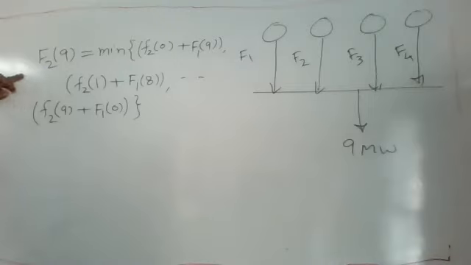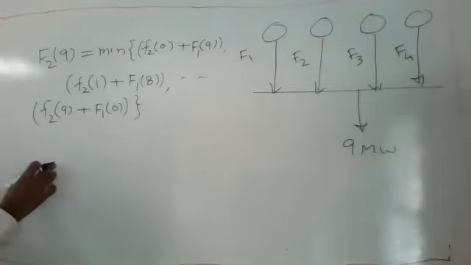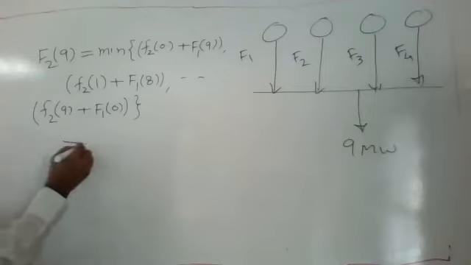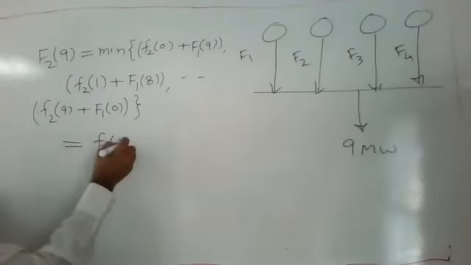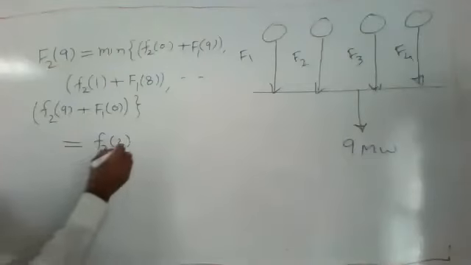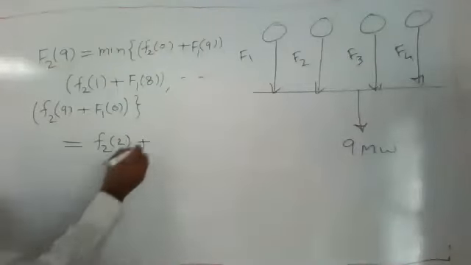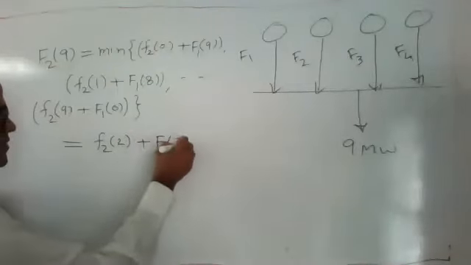Similarly for case number 2, using this F2 9, you are getting some minimum number. So which one is the minimum number? After calculating, if you are finding the minimum number, then you will get F2 2 plus F1 7.